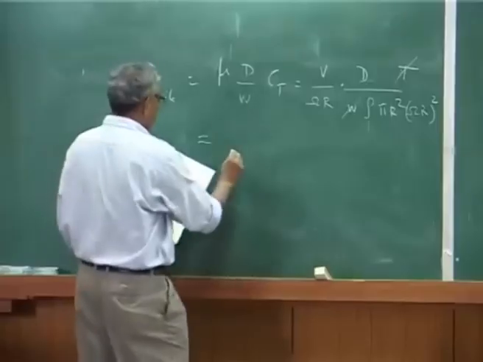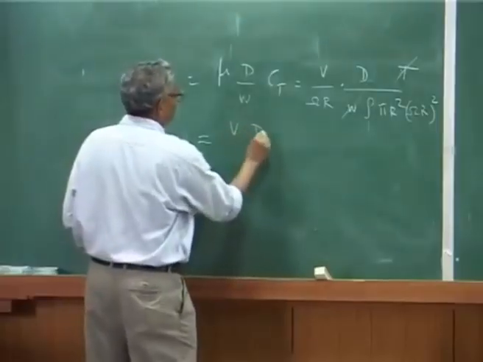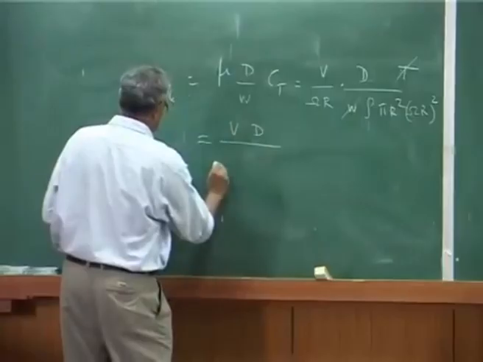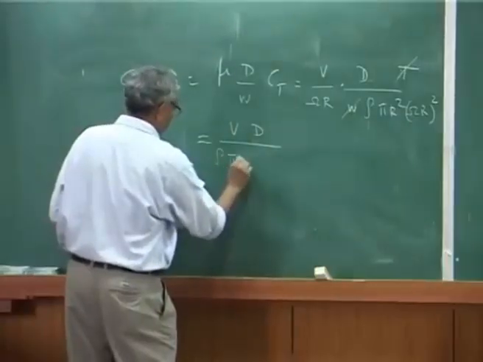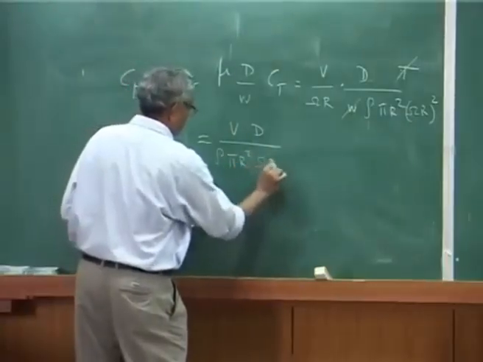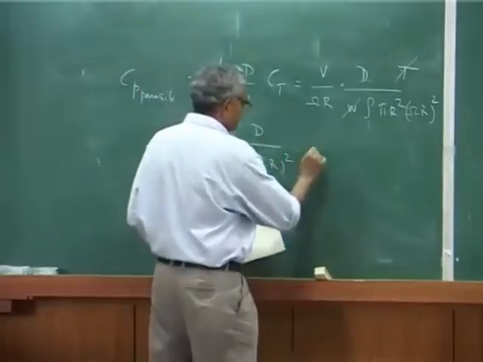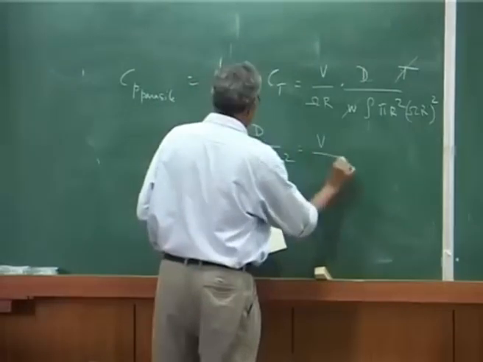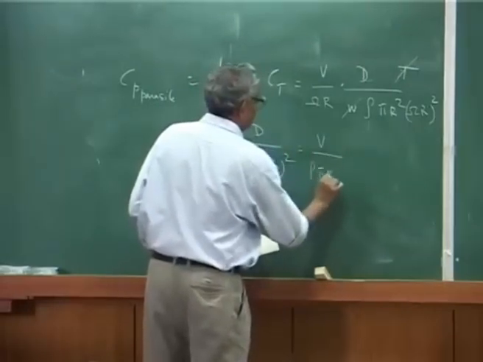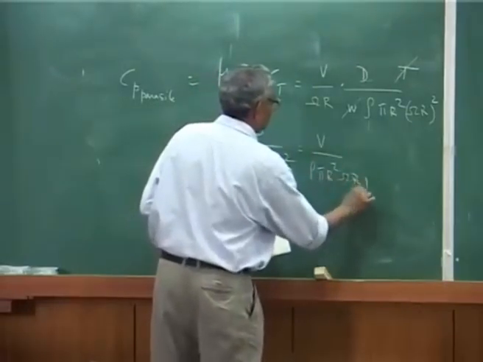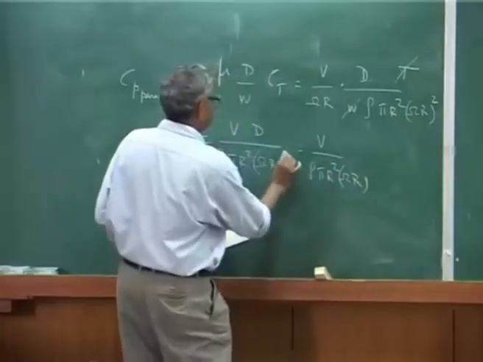So, you will have V drag over rho pi r square omega r whole cube. Drag force on the fuselage, you normally write it as omega, sorry, whole cube, right? Yeah, whole cube.